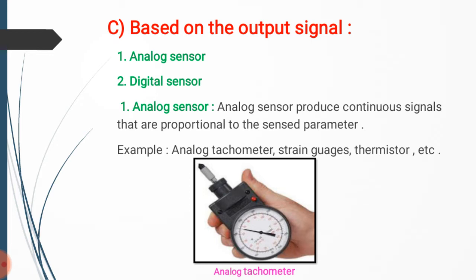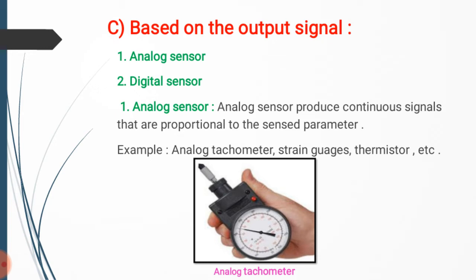Analog sensors produce continuous signals that are proportional to the sensed parameters. That means the sensor's output signal is continuous, with no discrete steps, such as a sine wave, and these sensors are known as analog sensors.